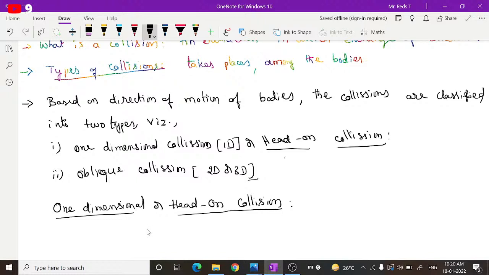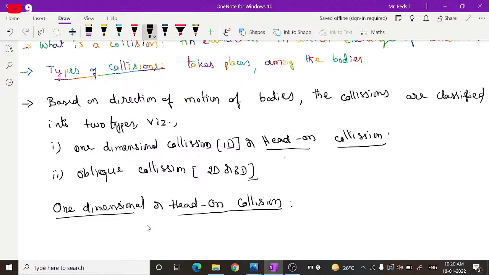We can also define this in terms of velocities: if the velocities of the colliding bodies are along the same straight line before and after collision.